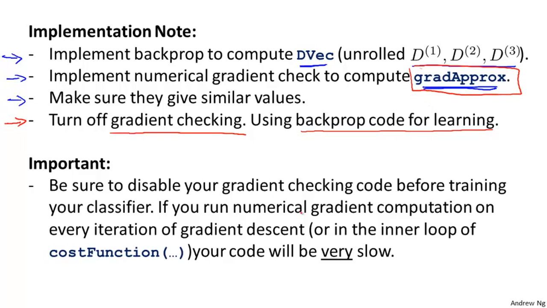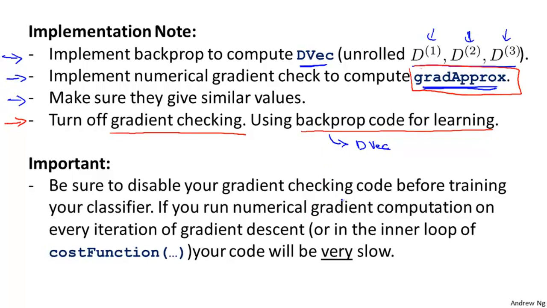The reason for that is the numerical gradient checking code is very computationally expensive, a very slow way to approximate the derivative. In contrast, the backpropagation algorithm that we talked about earlier, for computing D1, D2, D3, or DVec, is a much more computationally efficient way of computing the derivatives.